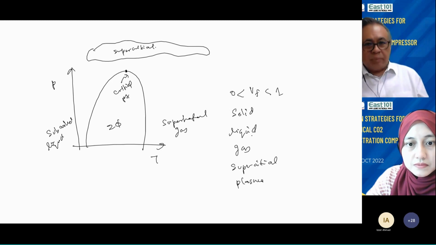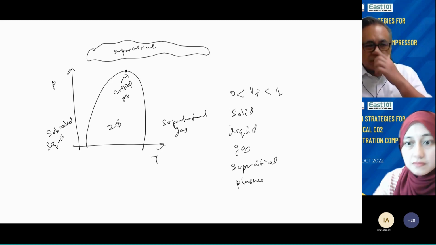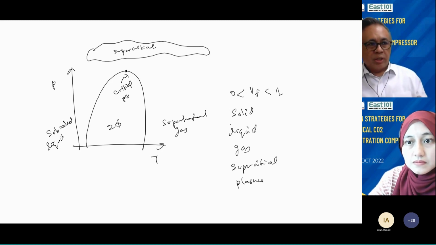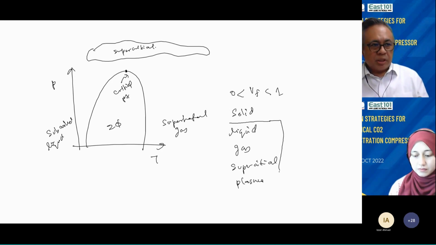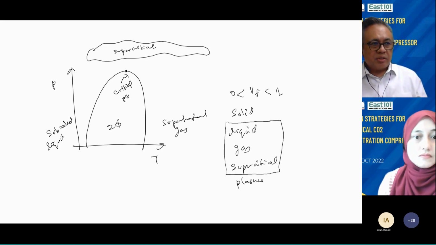Most of the time in oil and gas, for most process engineers, if you're from Acre or Worley or most of the oil and gas process engineers, you're going to be dealing with these phases.